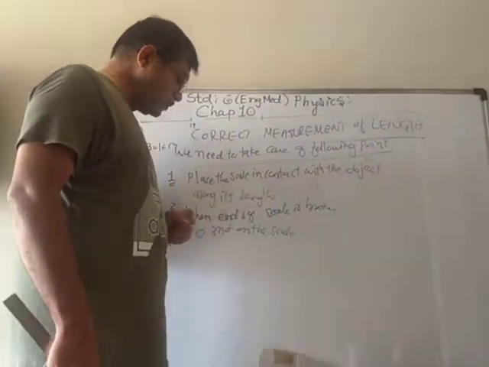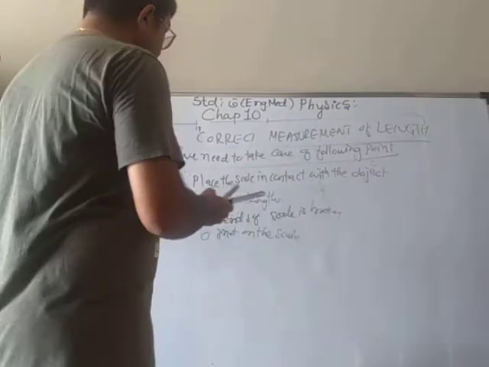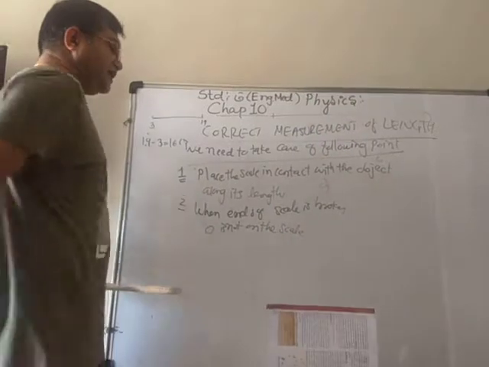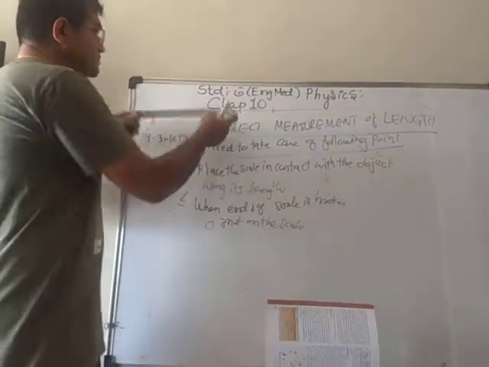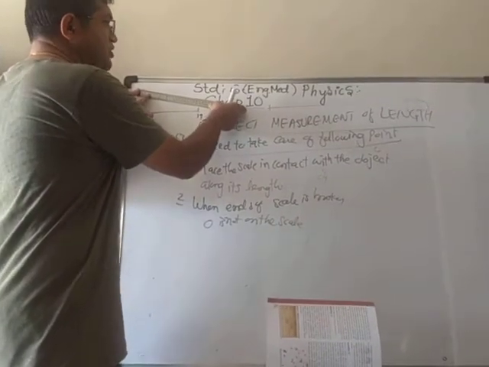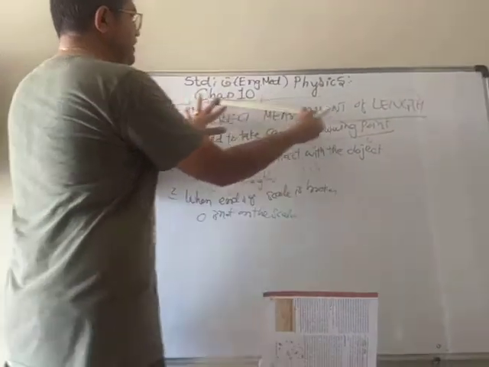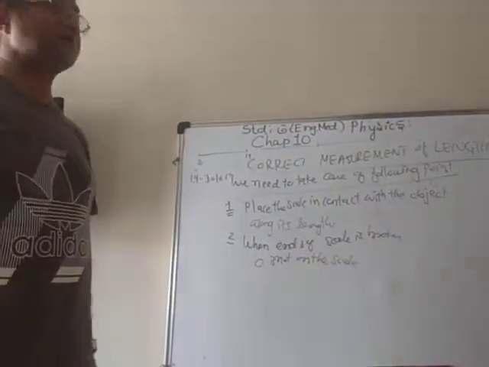Another thing to remember: when you want to find the length, place the scale in a straight line, not like a bent line, because otherwise you will get the wrong measurement.